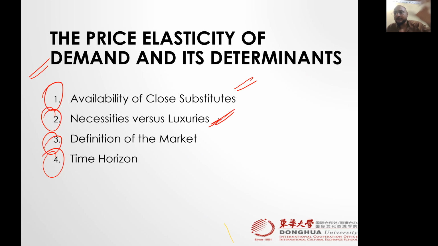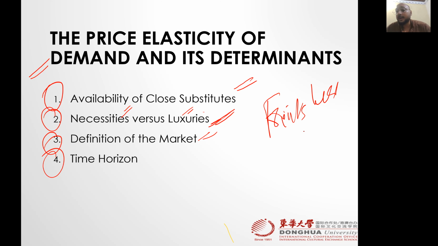Necessity, we have just shed some light. Milk versus Mountain Dew or Red Bull, right? Milk is a necessity, Red Bull is a luxury. Definition of market, whether it is a broader market or a smaller one. If I say fruits are less elastic.